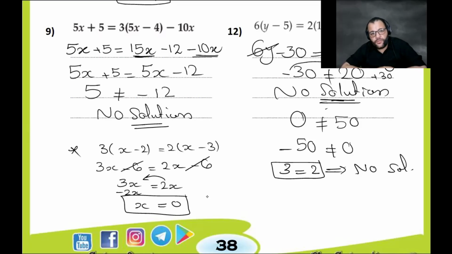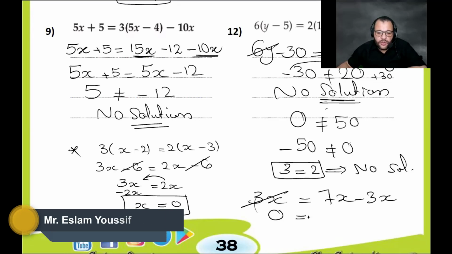You understand it? Again, for this one, when you have a variable, when you find that 3x equals 7x, in this case don't say that they are not equal. They are equal. Because if you shift the 3x to the other side by subtracting 3x, the remaining on the left is 0, and the remaining on the right is 4x.